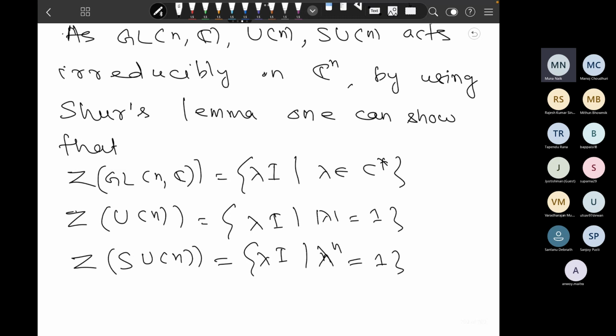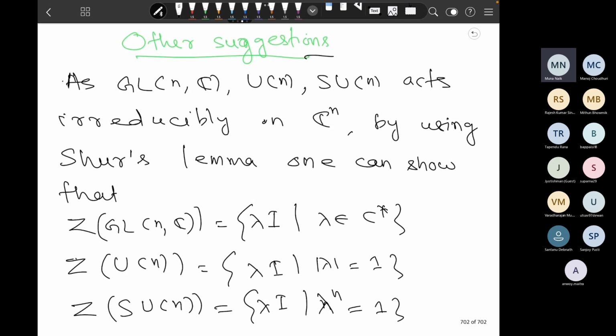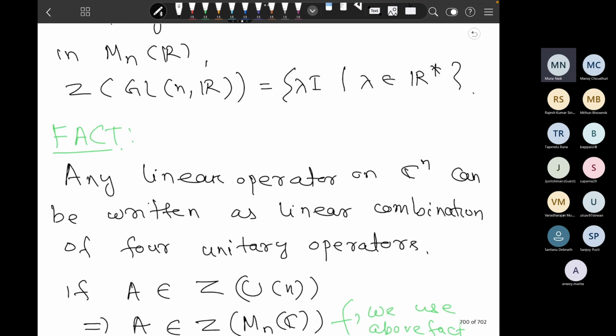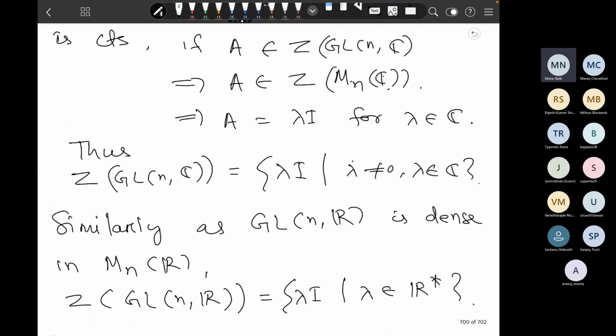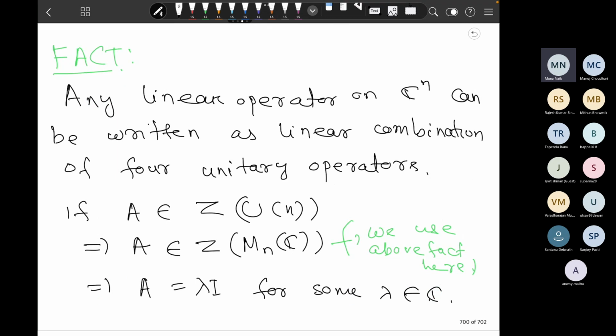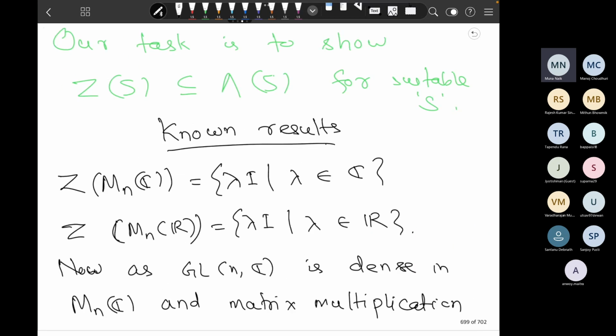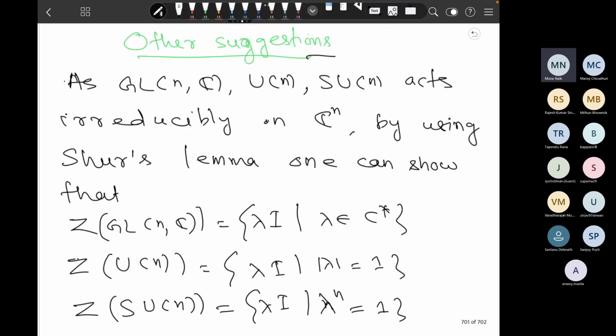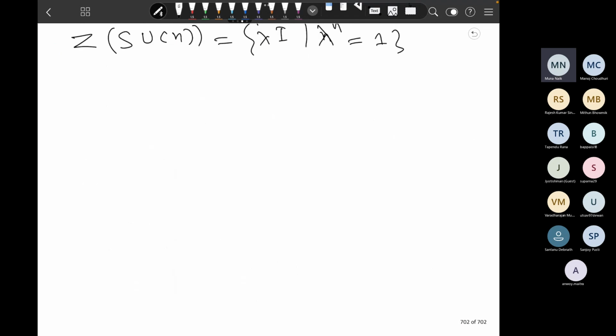So this method is not robust enough to accommodate all groups. And apart from these things, you need some difficult, non-trivial result to prove these things. However, there are some ideas. We will use those ideas to find the center of the group.